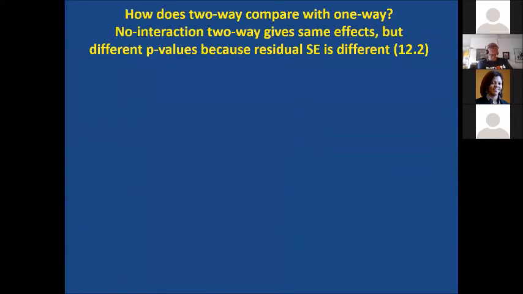Maybe you are interested in seeing, what is the difference between 1-way and 2-way? What do I gain by doing sex and diet as 2 factors if I'm not expecting any difference? There is a slight difference because the standard deviations are slightly different in the groups, and that goes into the p-values.